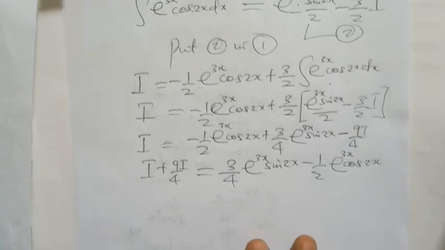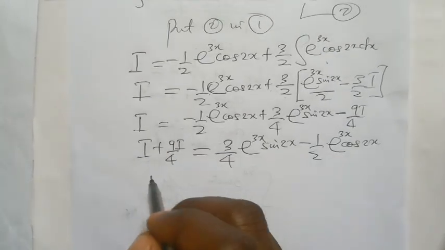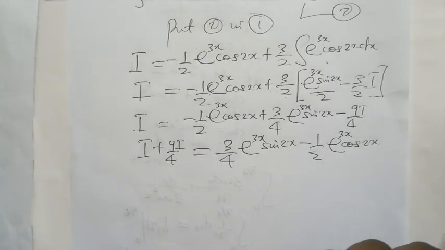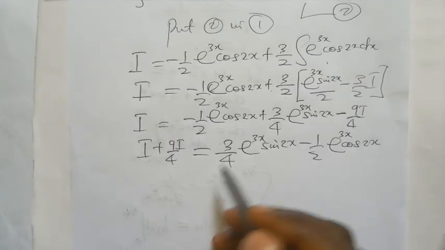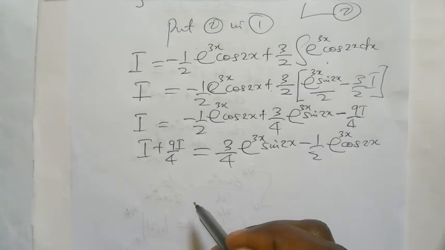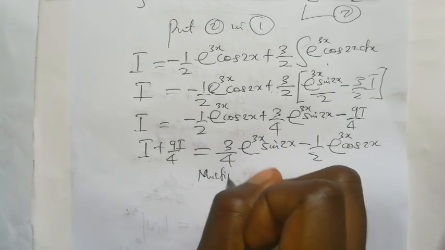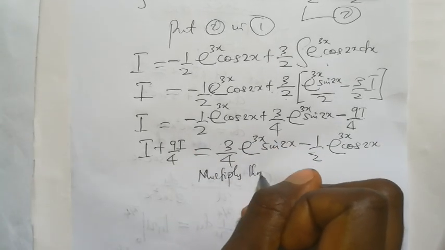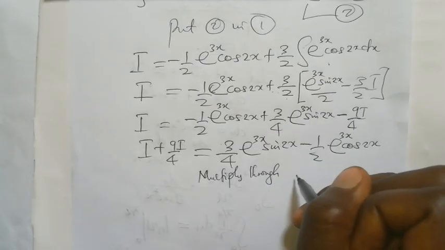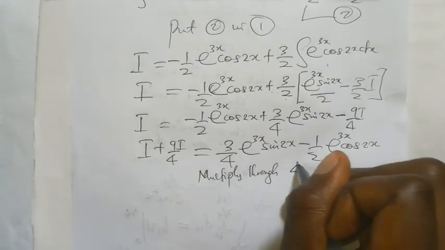You get it? So in that case, we can try and avoid the fractions, let's say multiply by the highest denominator, which is 4.